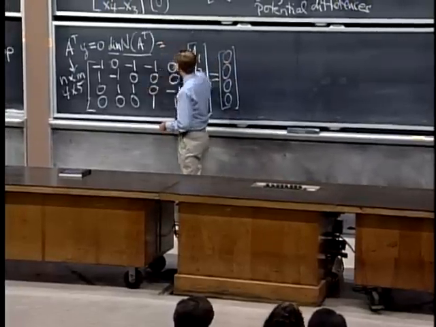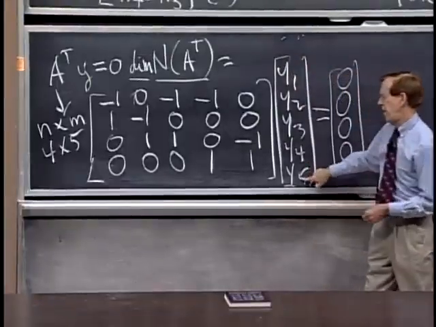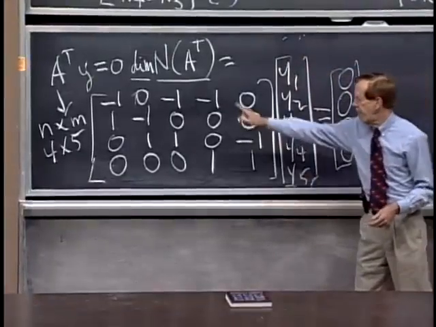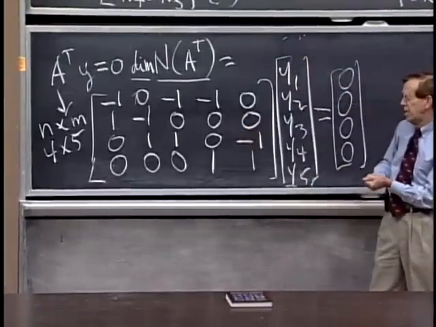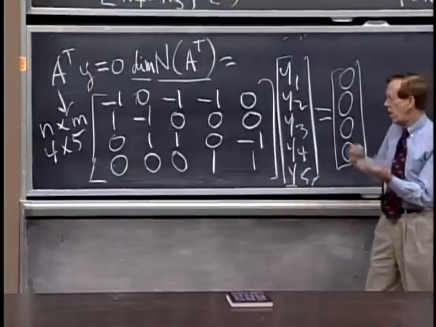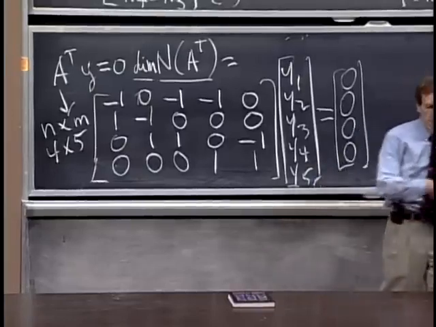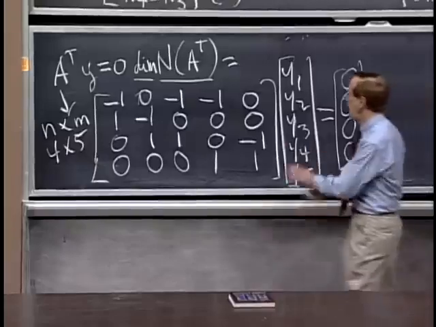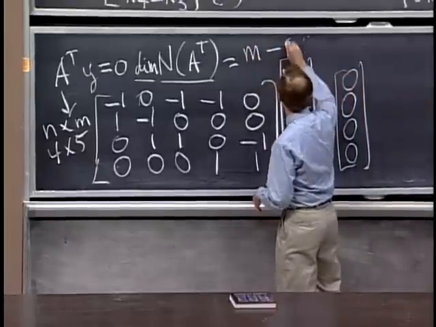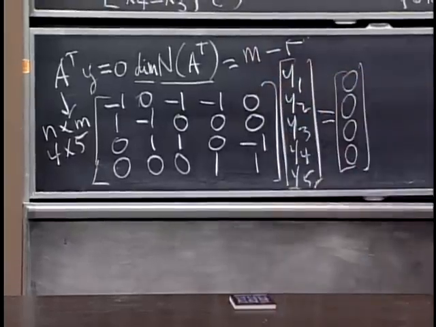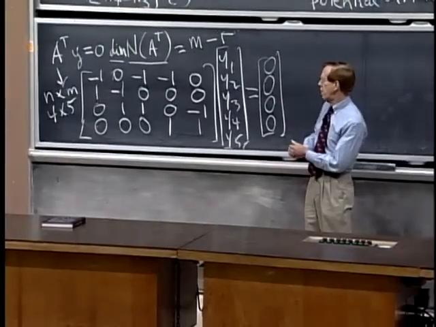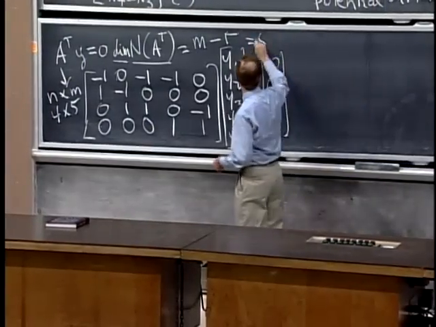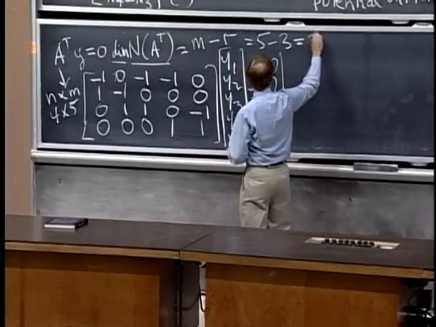There are m equal 5 components, 5 columns of A transpose, and r of those columns are pivot columns because it has rank r, and m minus r are the free ones now for A transpose, so that's 5 minus 3, so that's 2.